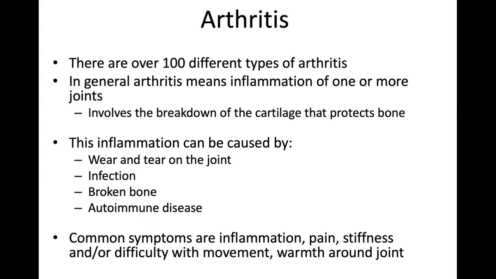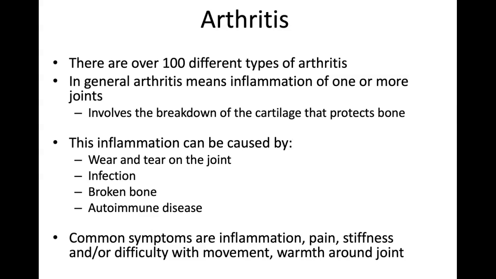That's that hyaline cartilage around the ends of the bones that prevents the bones from rubbing against one another. This arthritis can be caused by injury, wear and tear, a broken bone, and can also be from an infection or an autoimmune disease. A lot of arthritis they're finding today is from autoimmune diseases.